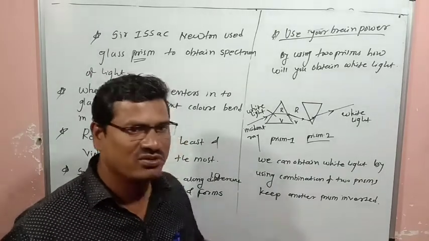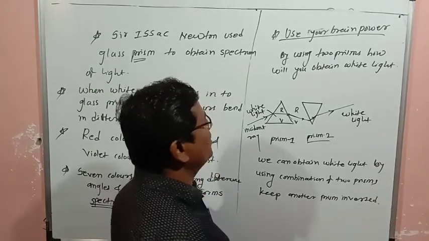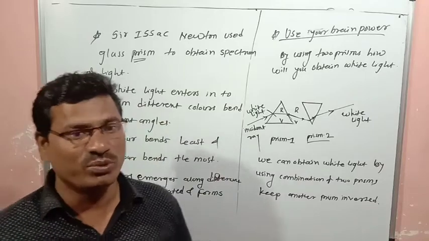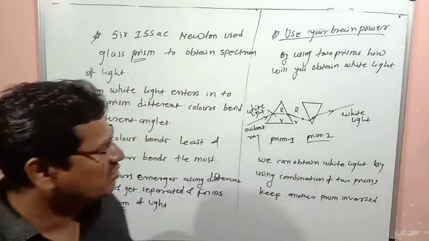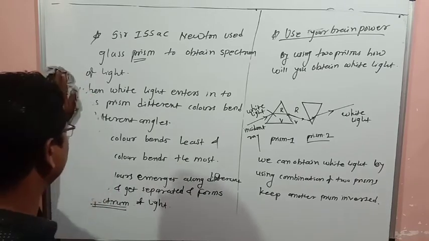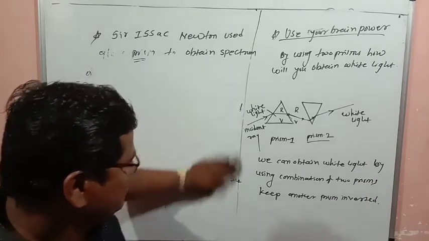Okay, so this one is about obtaining white light by using two prisms. After this, one more question is there in the use of brain power, and that question is about chandeliers.